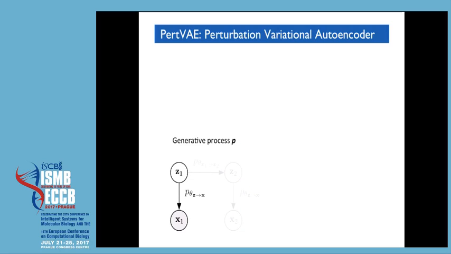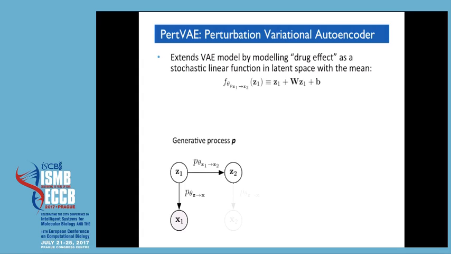Okay, so that was the model, the variational autoencoder as published a couple of years ago by Kingma and Welling, and in this framework we decided to model the perturbation effects of the drugs. What we do is extend this latent model for gene expression by a function in the latent space that models the drug effect.